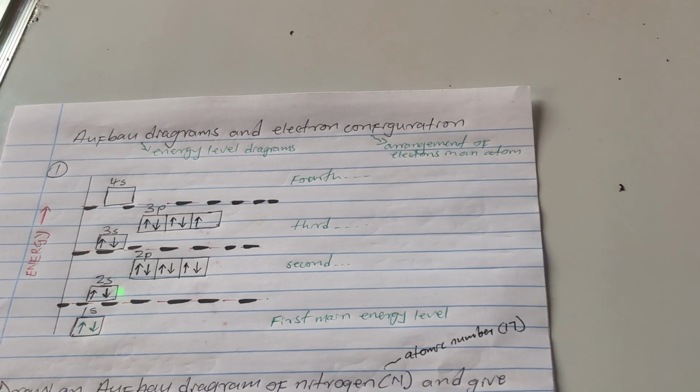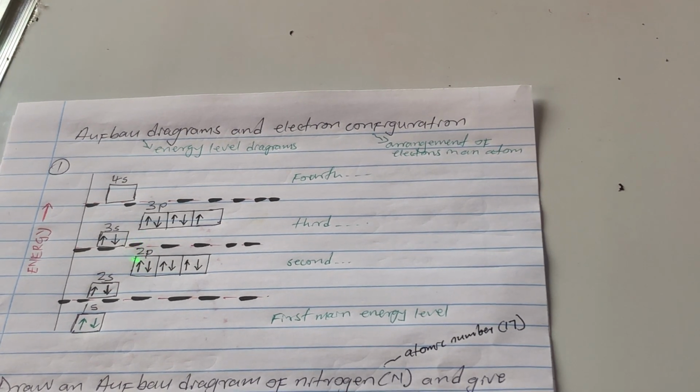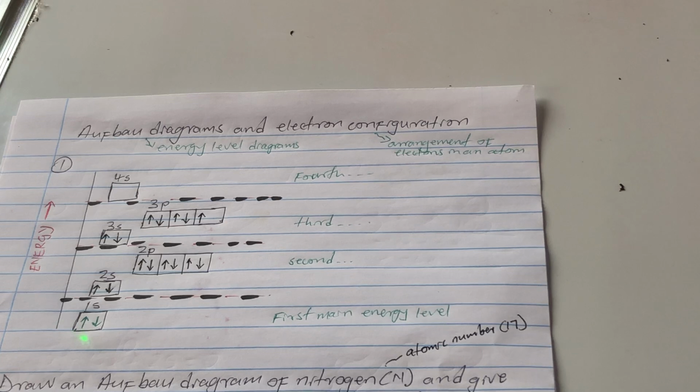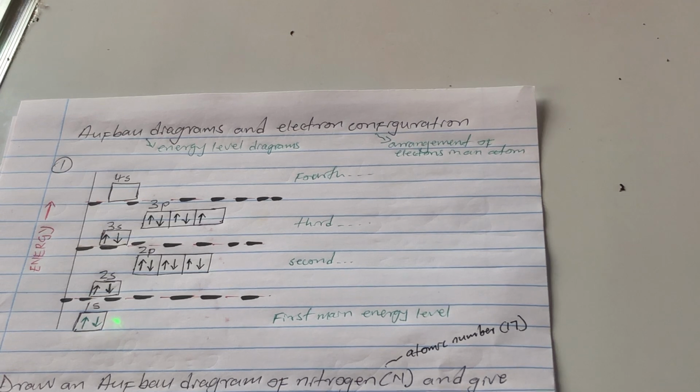And as we move on to other boxes, the one that we start with must point up. So let's first look at this one here. I'm expected to put how many electrons here? 1 is pointing up, 2 is pointing down.